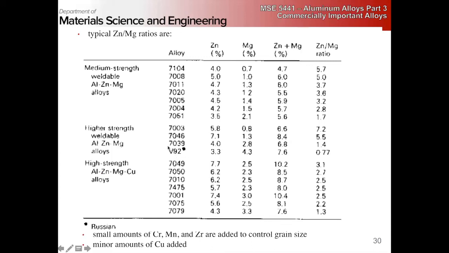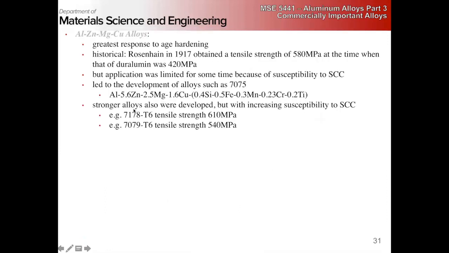One important one is one of the few Russian alloys that are still around, so it still has the V92 distinction rather than a 7000. Just a curiosity. So aluminum, zinc, magnesium, copper alloys, these have the greatest response to age hardening.